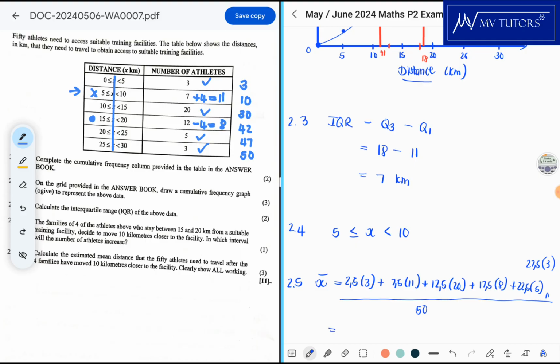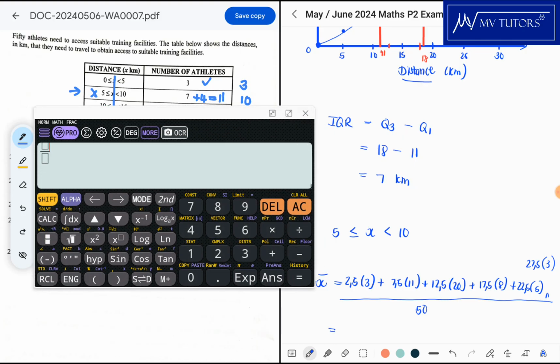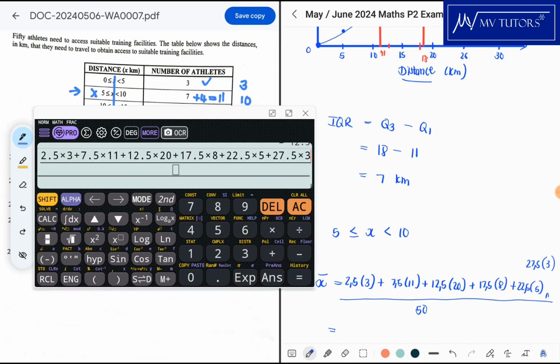Okay, so now let us work that out. It's going to be a long sum. So 2.5 times 3 plus 7.5 times 11 plus 12.5 times 20 plus 17.5 times 8 plus 22.5 times 5 plus 27.5 times 3, and we are dividing all of that by 50.